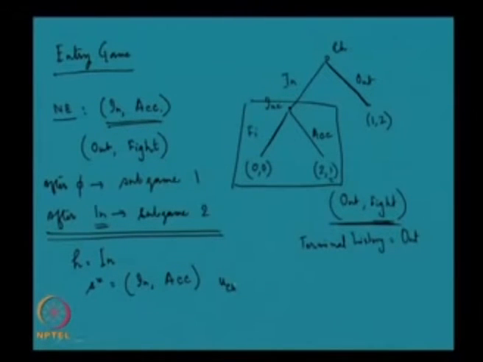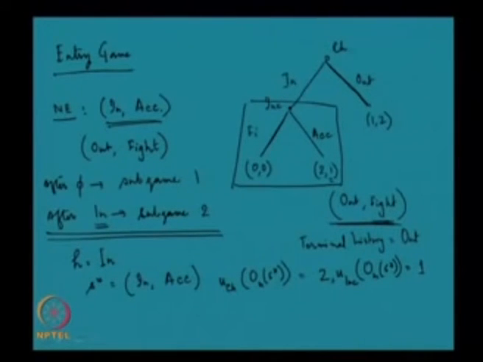Let us call this UCH, the challenger in the subgame following the history in. It is given by in and accommodate, which means he is getting 2. And what is the payoff of the incumbent in equilibrium? It is 1. So this is what they are getting in equilibrium.